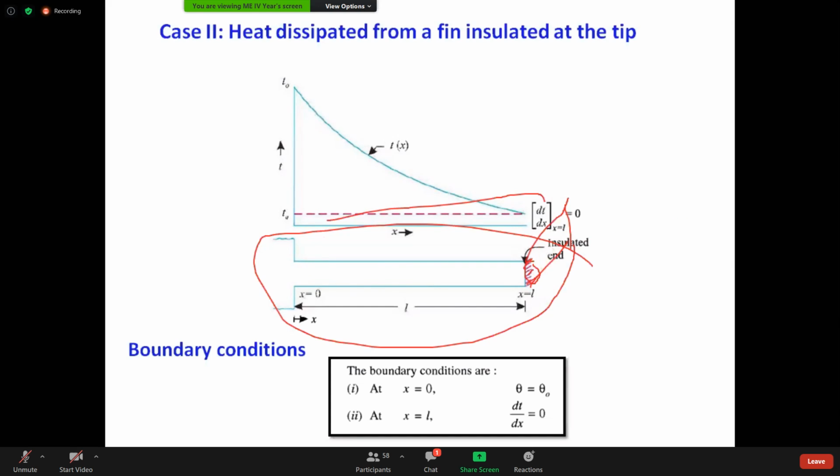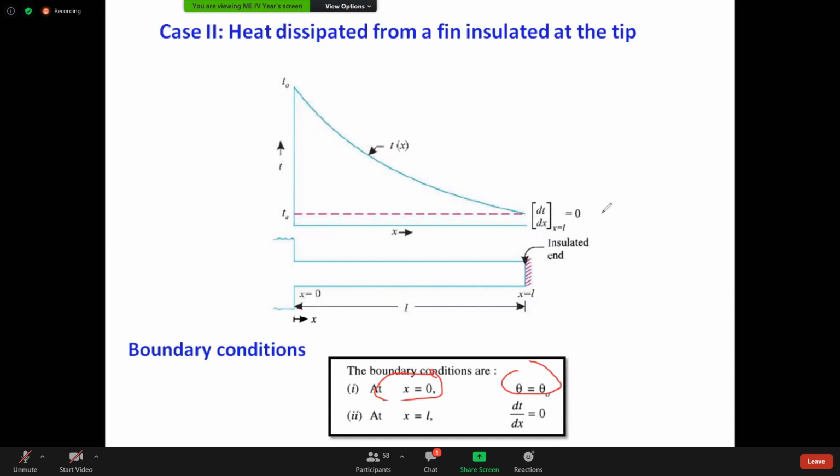So here, only the boundary condition changes, with a somewhat more complicated calculation. At x is equal to 0, theta is equal to theta naught. I said this is the same boundary condition for all cases. And another thing is, at x is equal to L, dT by dx is equal to 0.